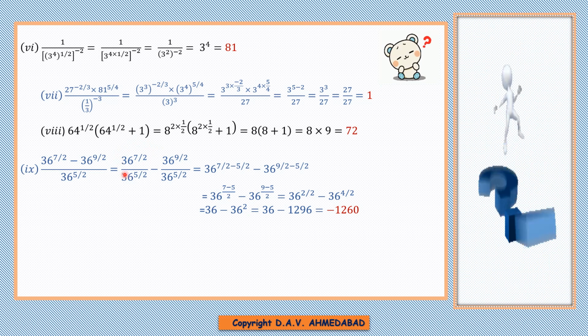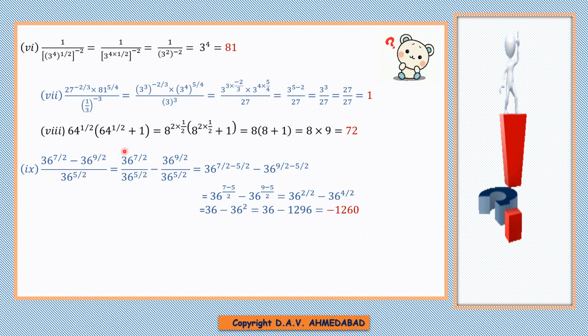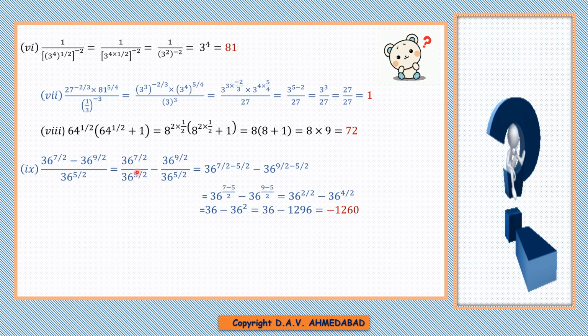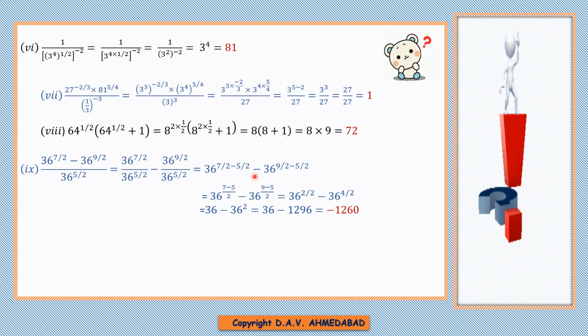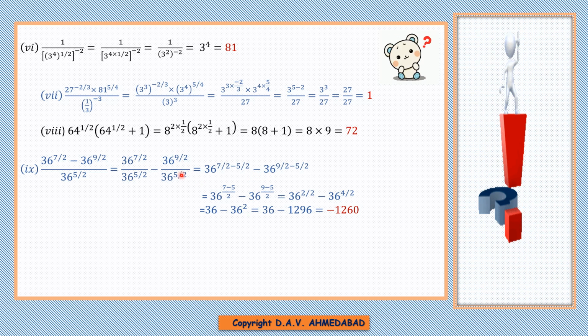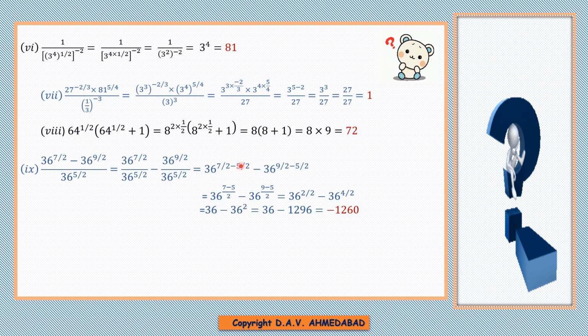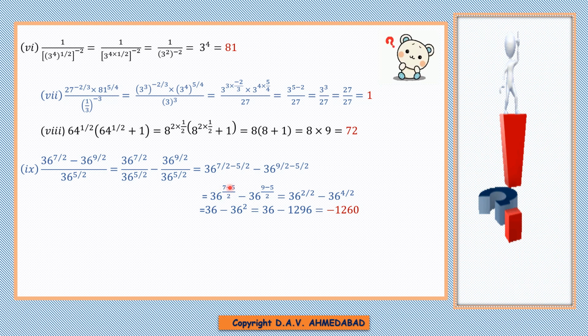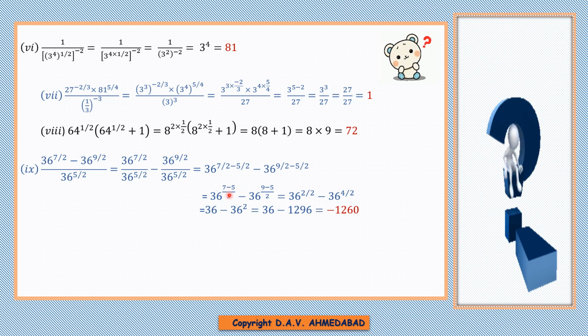So when you are using the law here, you will be having 36 raised to the power 7 by 2 minus 5 by 2, and then minus sign in between. Then 36 raised to the power 9 by 2 minus 5 by 2. So 7 by 2 minus 5 by 2 is 7 minus 5, which is 2, and 2 by 2 is 1.